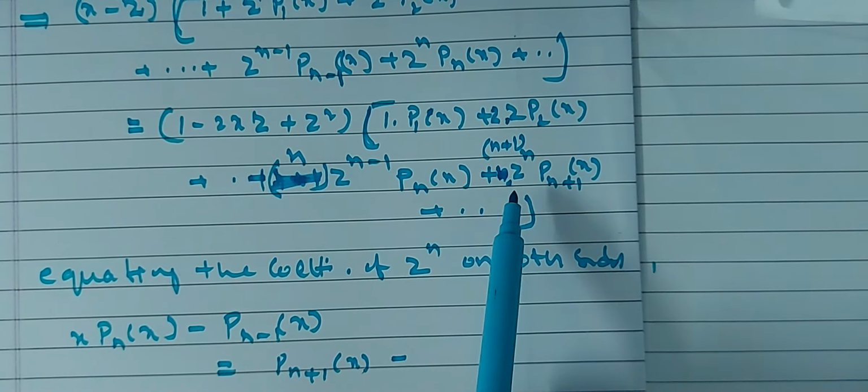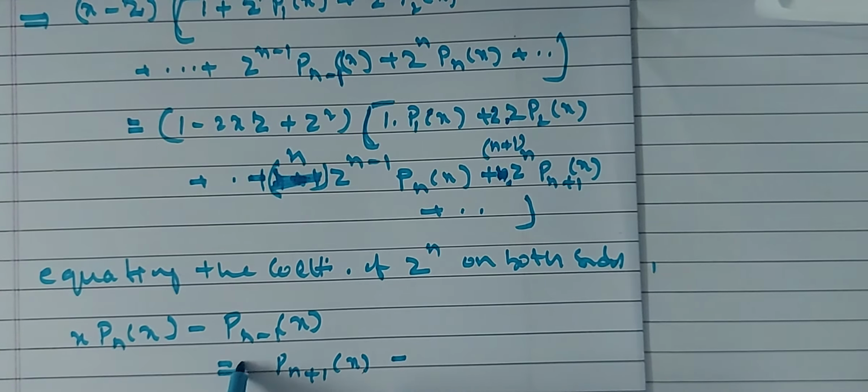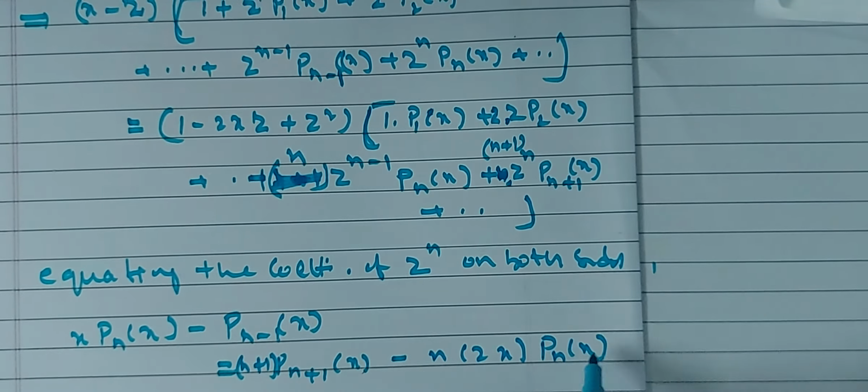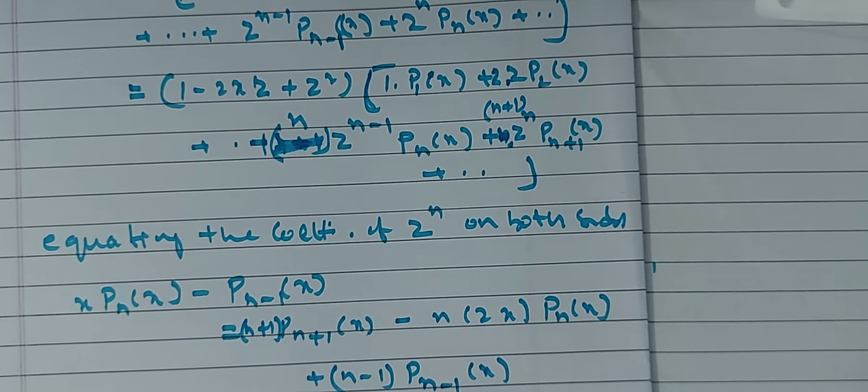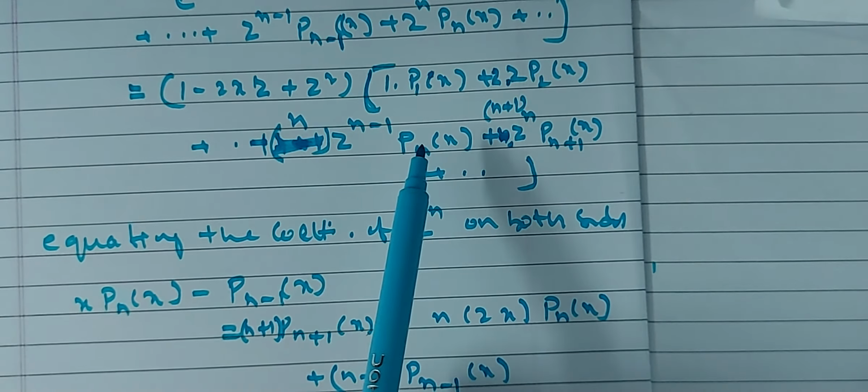So here it must be n plus 1 into P n plus 1 of x minus n into 2x into Pn of x plus n minus 1 into P n minus 1 of x. See the right side step carefully, as it is.